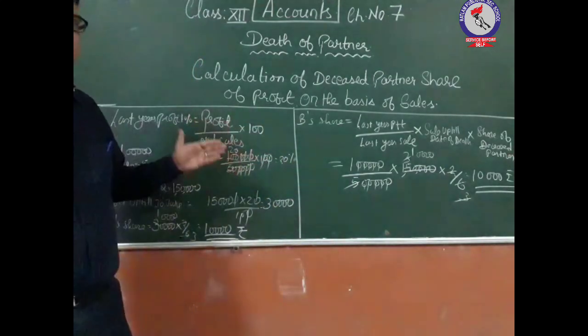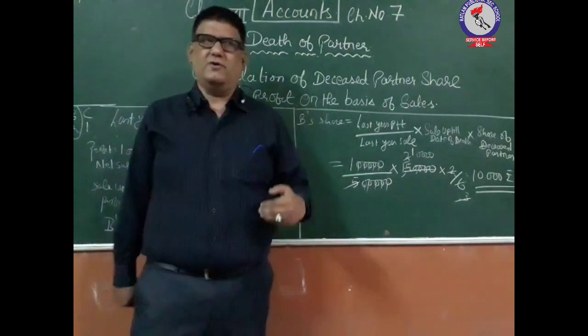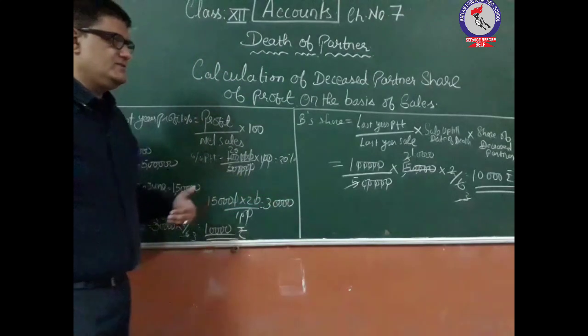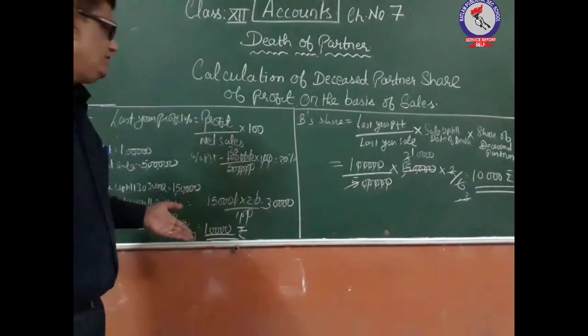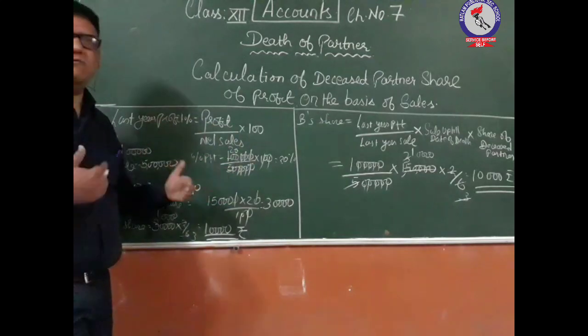So we have to find out the gaining ratio in that case of A and C. जो भी उनका gaining ratio बनता है वो आप बना लेंगे.